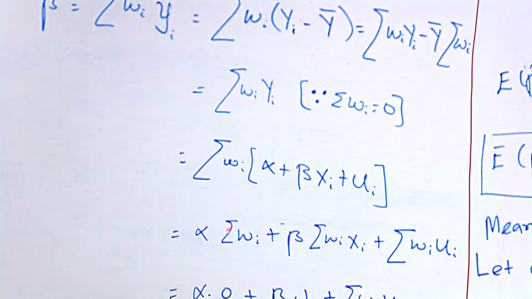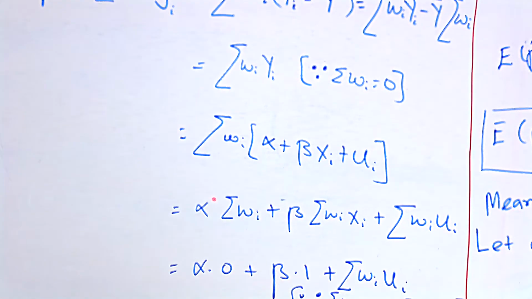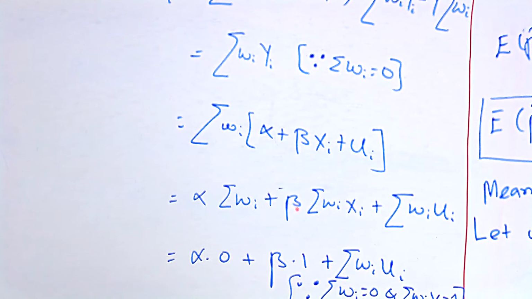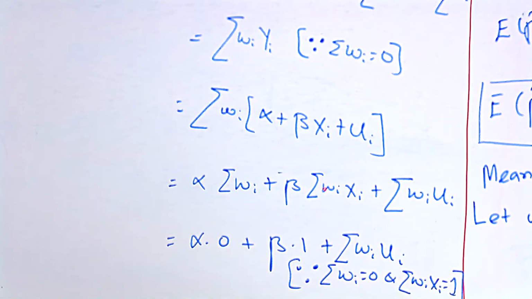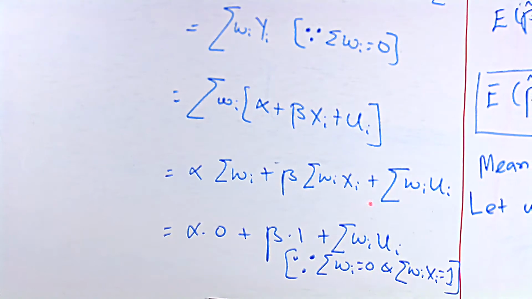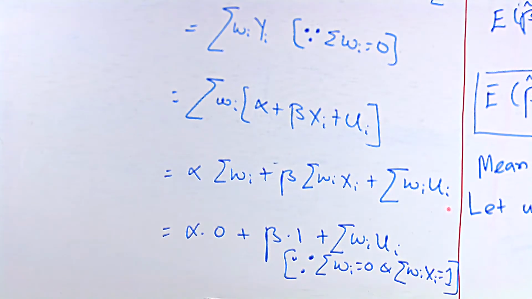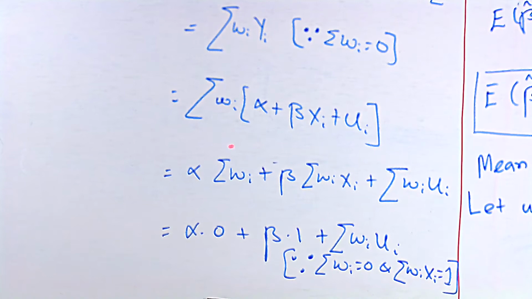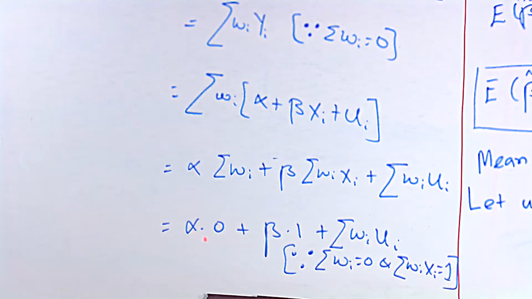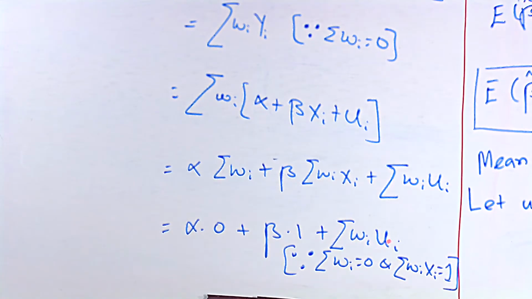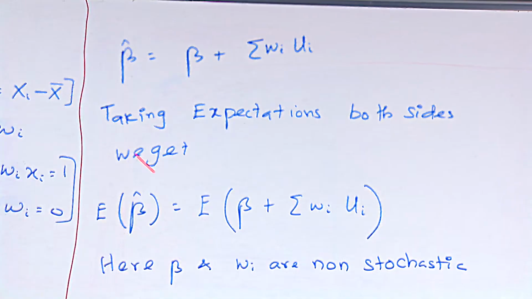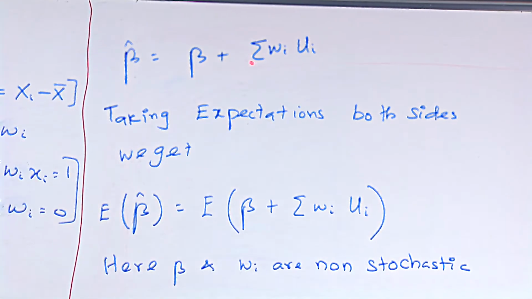So that will reduce this expression into alpha sigma wi plus beta into sigma wi capital Xi plus sigma wi ui. So now this sigma wi is equal to 0 and this expression is equal to 1, and so we get alpha into 0 plus beta into 1 plus sigma wi ui. Actually this comes to beta plus sigma wi ui.